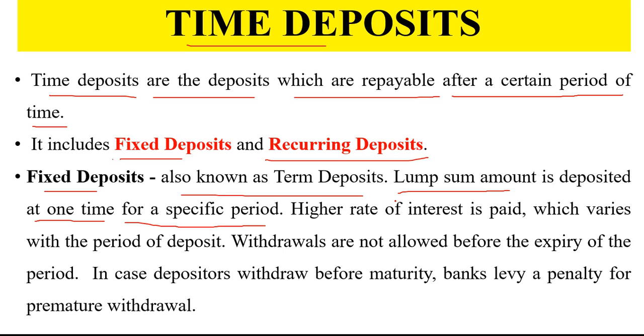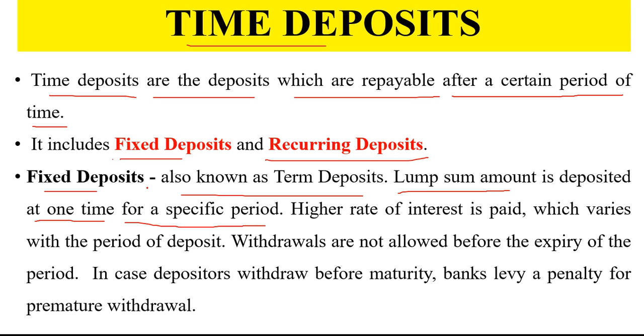For example, if you want to deposit 10 lakh rupees in a bank as a fixed deposit, you deposit this 10 lakh rupees for 20 years. So this 20 years is a fixed time period, okay, that's why a fixed deposit comes under time deposit.